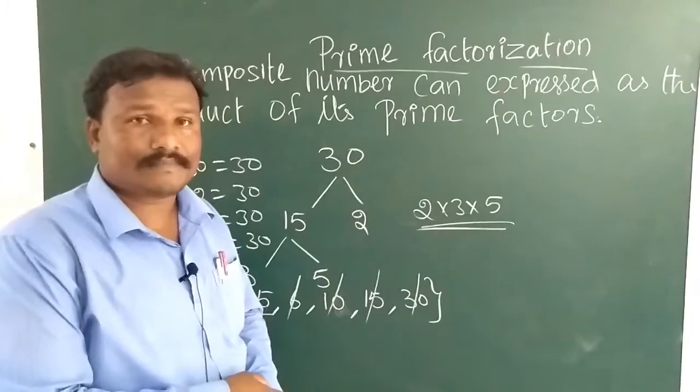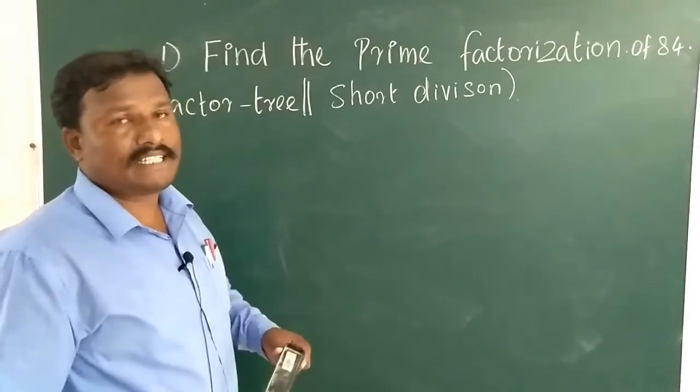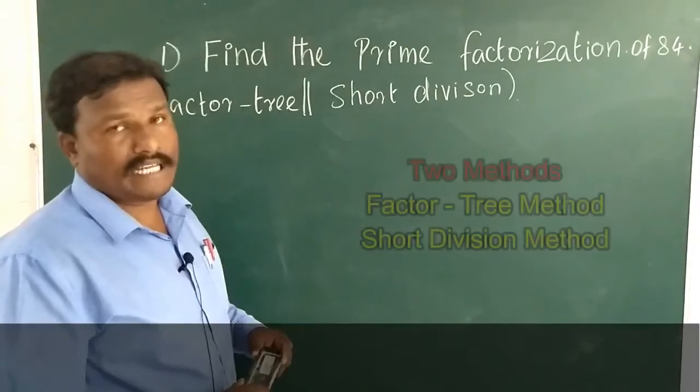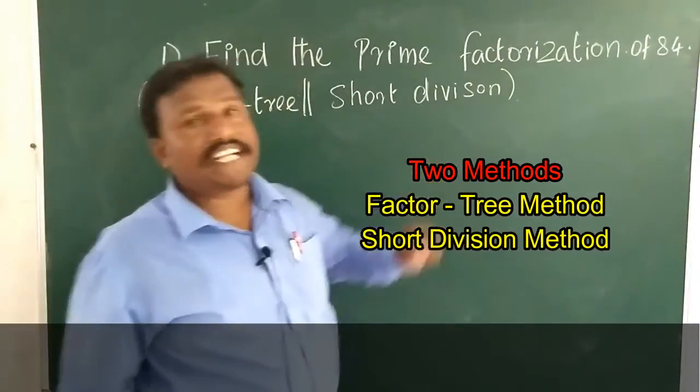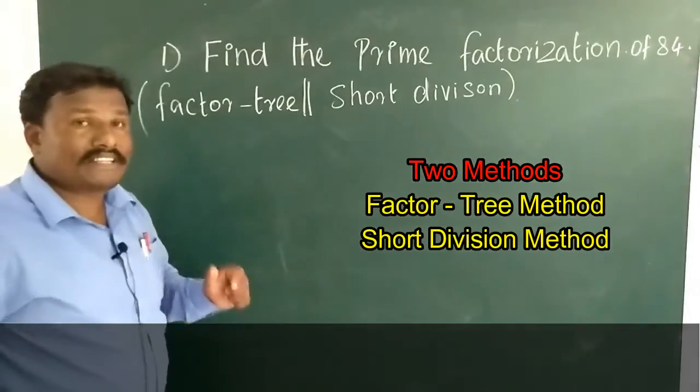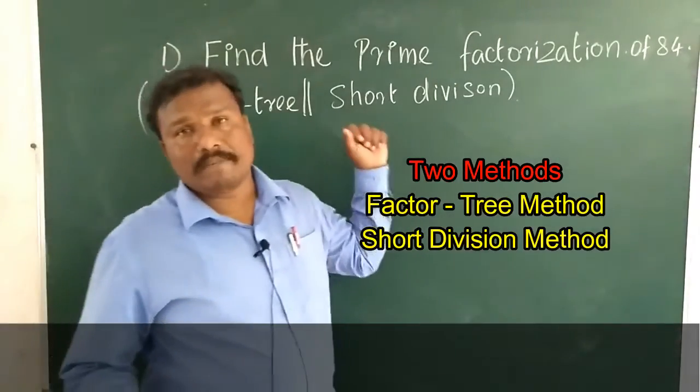Okay, let me take some examples to find the prime factorization, then you can understand. Find the prime factorization of 84. There are two methods. One is the factor tree method, another is the short division method.